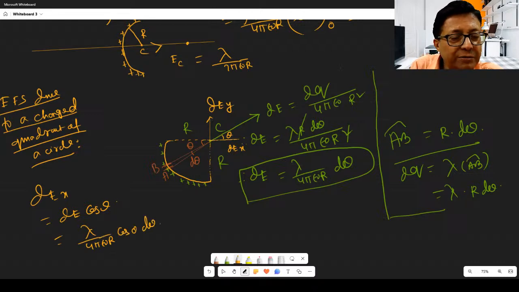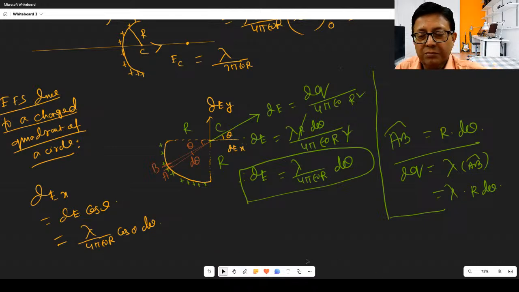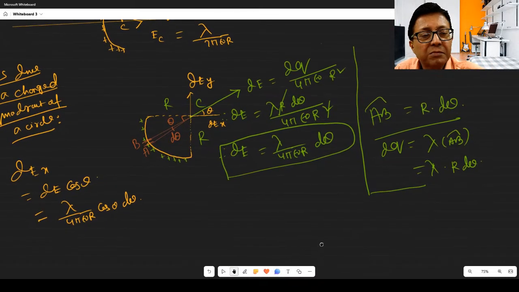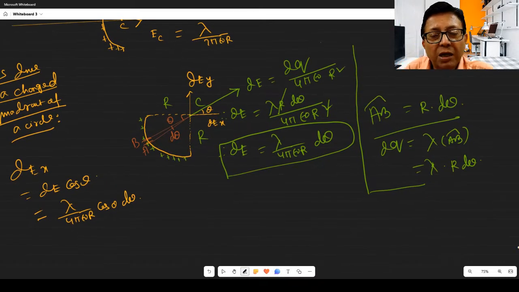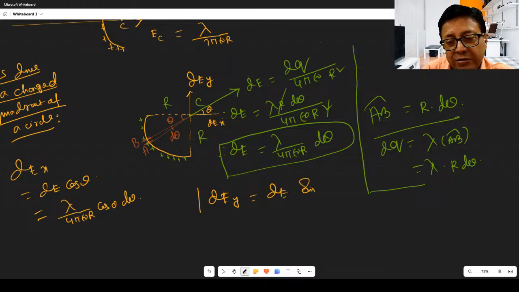Isn't it? And dEy, also write simultaneously, will be dE sin theta.